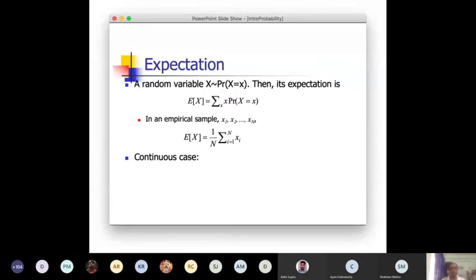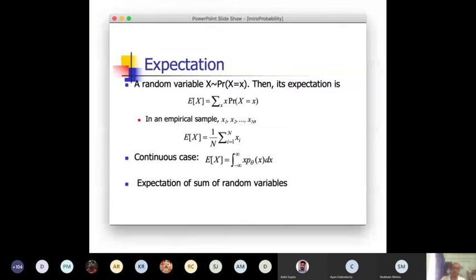Then in the continuous case, expectation is defined in this fashion. So you can see once again that it is almost similar. You have integrations, and you are integrating over the whole space of the random variable.